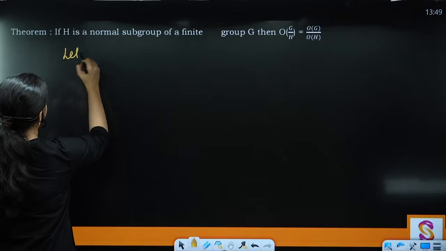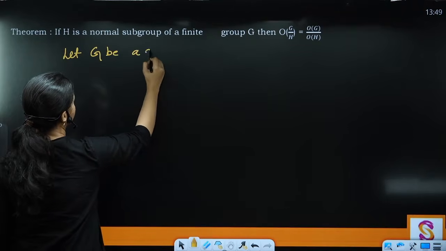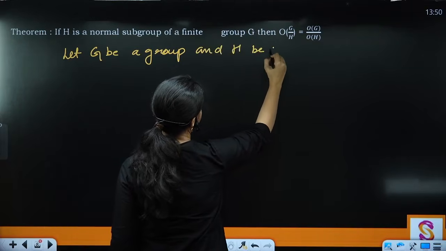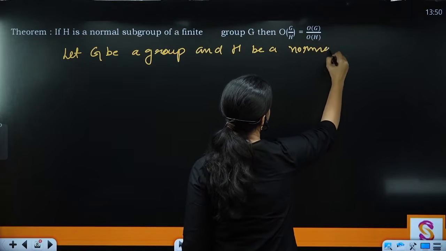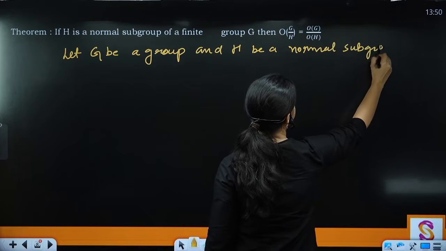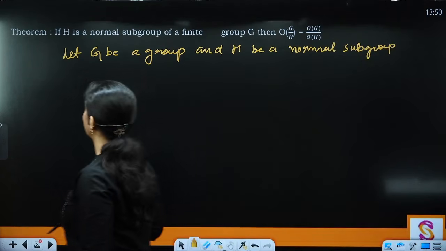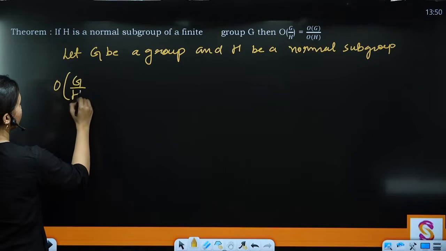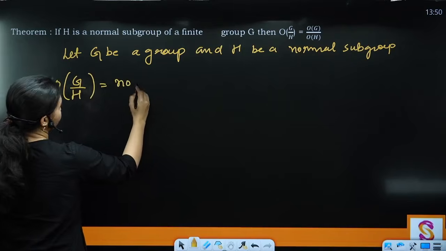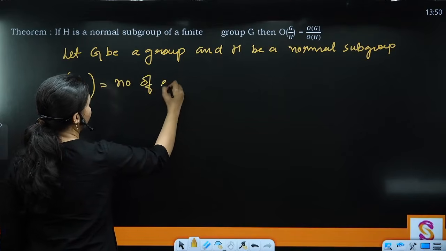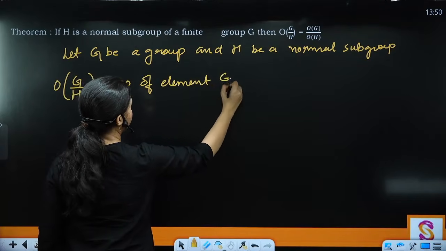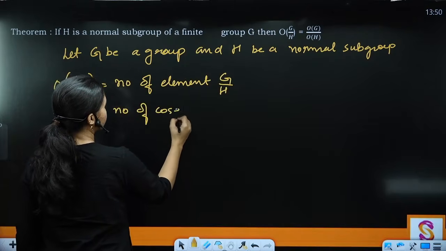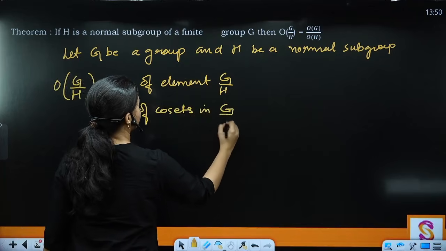Let G be a group and H a normal subgroup. So order of G by H equals number of elements in G by H, right? Which is equal to number of cosets in G by H, right?